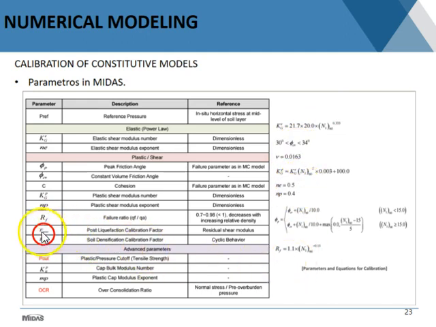Now, there are some other parameters here. This is the post-liquefaction calibration factor and the soil densification factor. There are not really good recommendations or correlations with SPT, but more or less they give you a certain number that you can use.